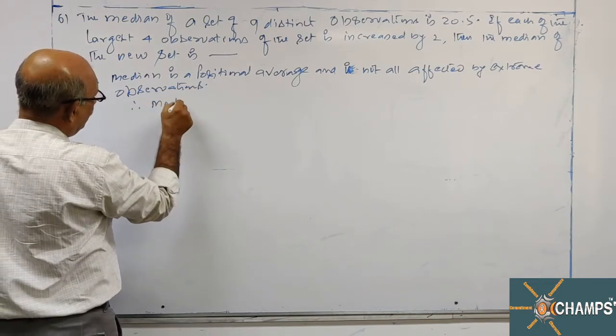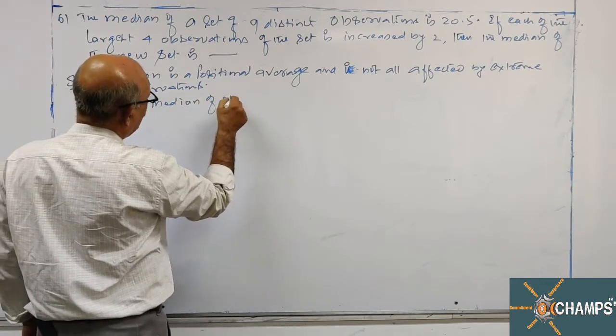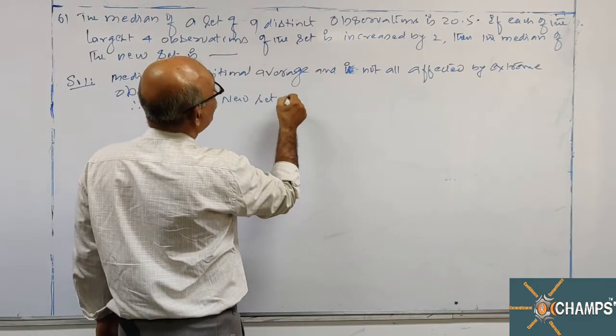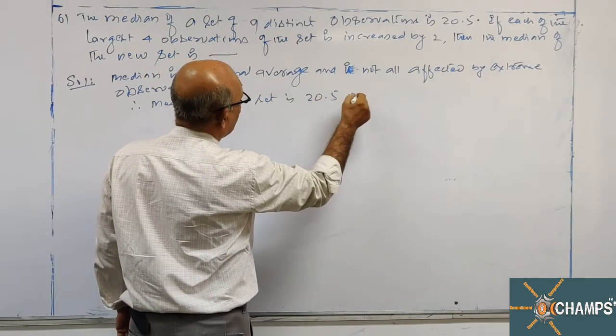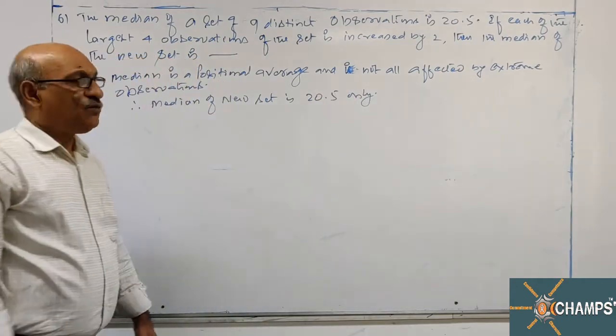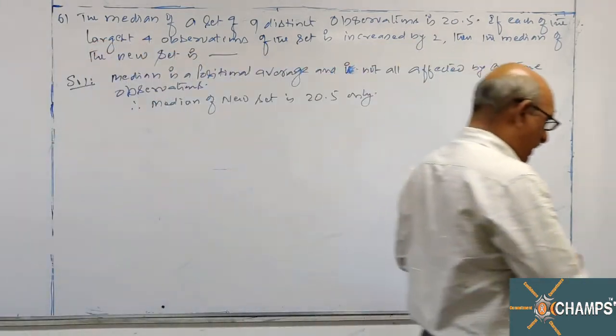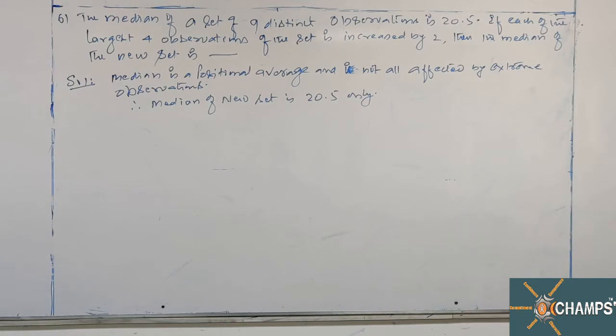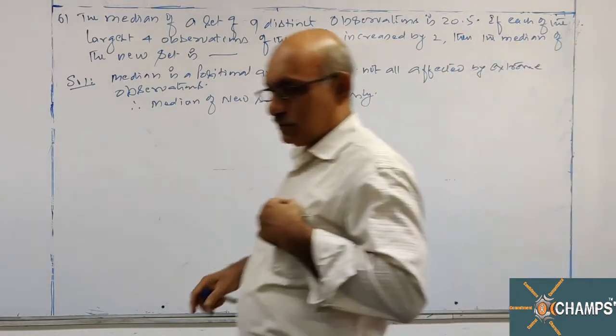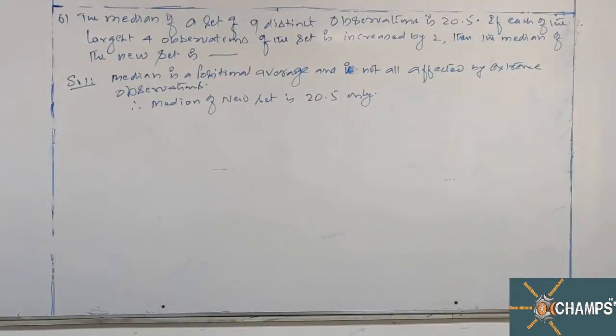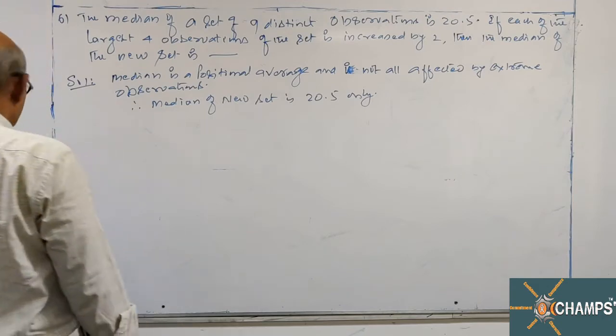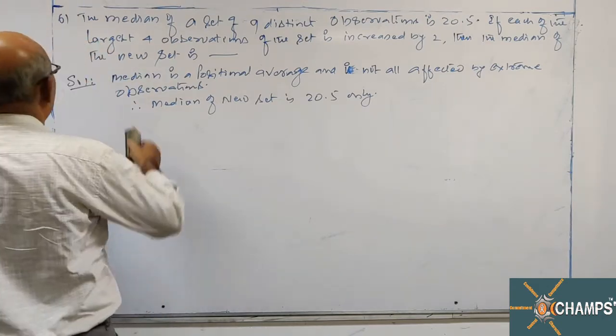Therefore, median of new set is 20.5 only. The value of median is 20.5 only. Okay, sir.